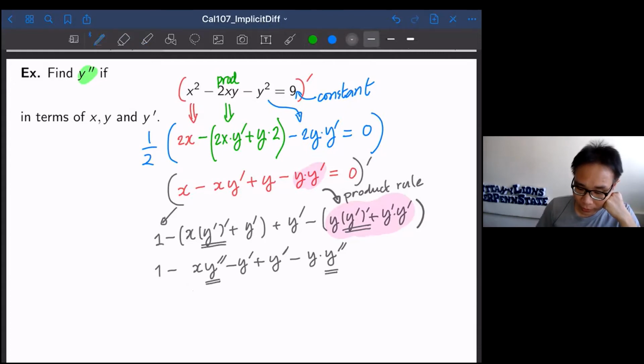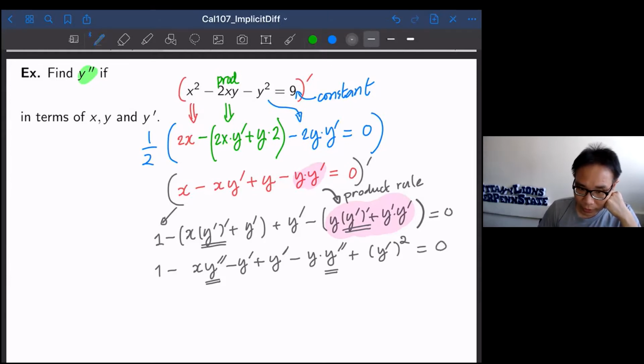Okay, so I underline them, and y prime times y prime turns out to be y prime square. So this is what we have, and this equals 0.